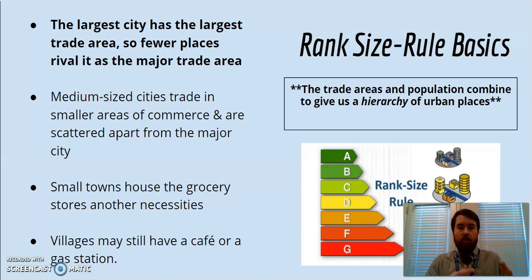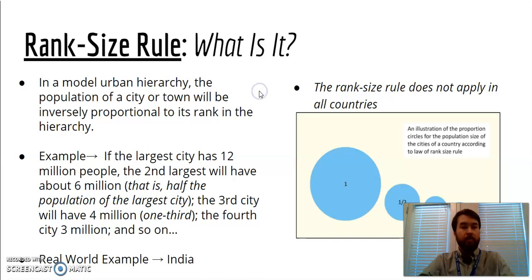Medium-sized cities trade in smaller areas of commerce, scattered a little more throughout a given country. Small towns have things like grocery stores and other necessities, and we get into villages or what are called hamlets. They may have a cafe or a gas station, but we see a hierarchy of urban places in any given region of the earth.